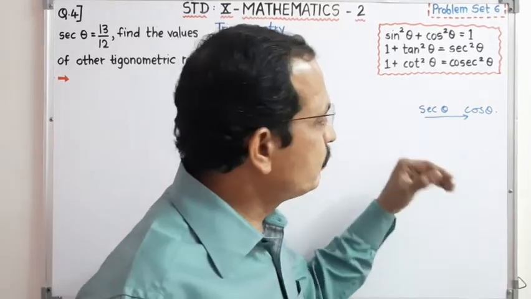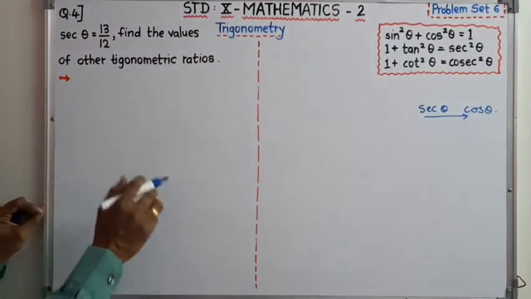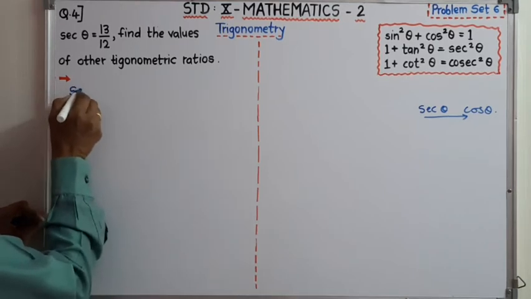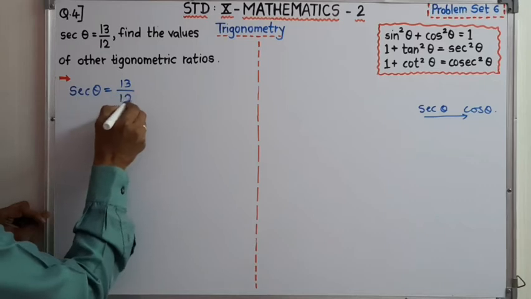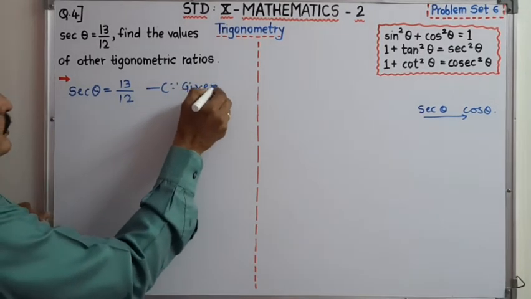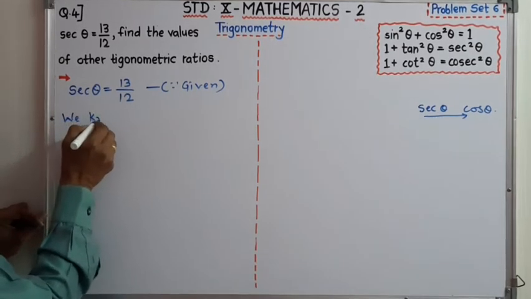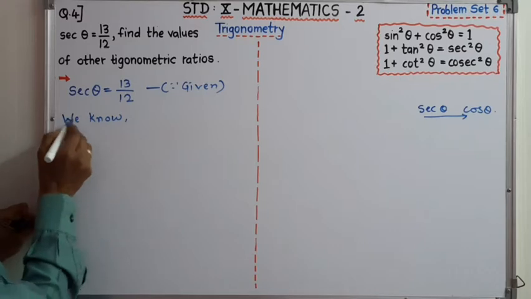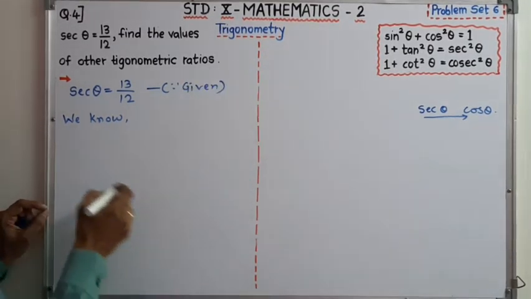Dear student, we can use a different way. See, first of all, what is given? Sec theta is equal to 13 upon 12. This is given. Now we know this sec theta and there is a relation with cos theta.